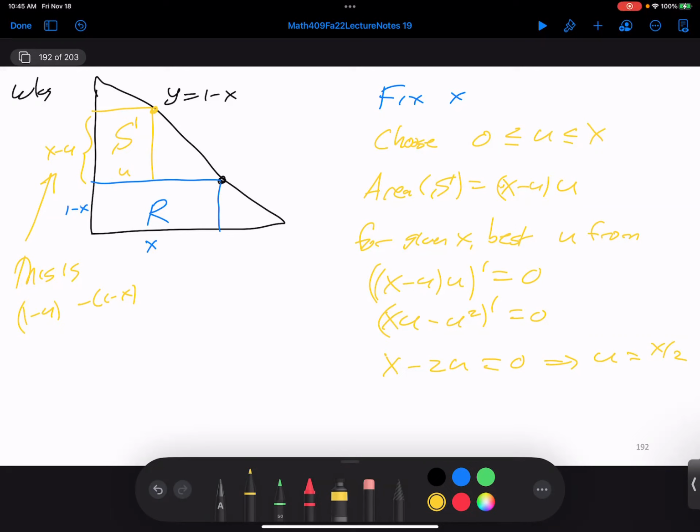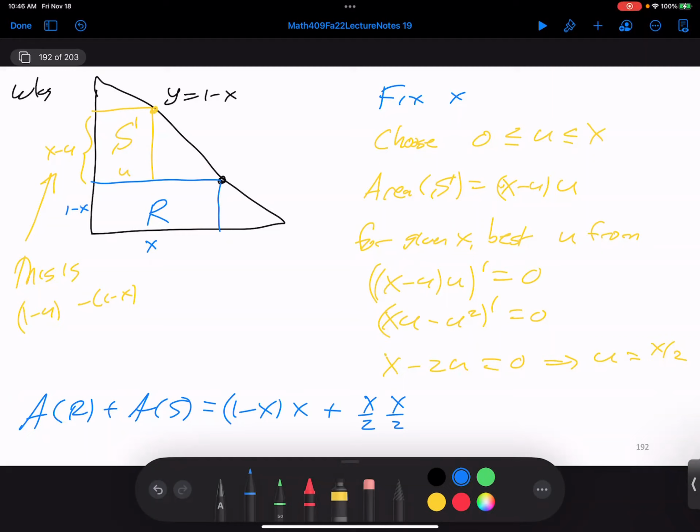Okay, and so now the area of R plus the area of S. When u equals x halves, what's the area of R? It's just (1 minus x) times x. And then we add the area of S, which is (x minus u) times u. If u is x halves, x minus u is going to be x halves, times x halves.